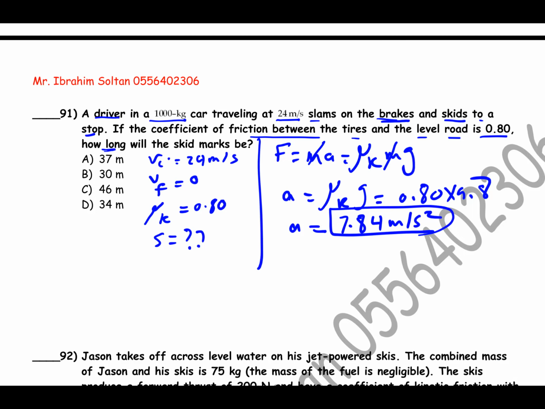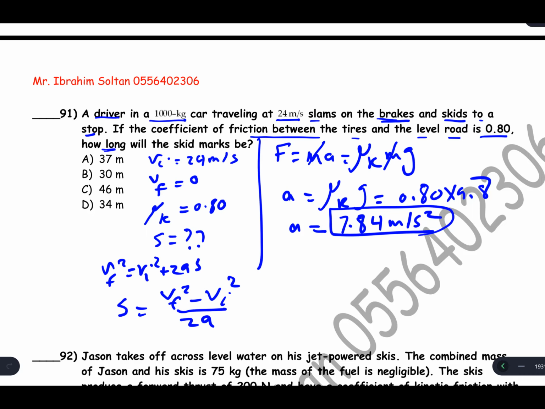You need to calculate the distance. You know well that v final squared equals v initial squared plus 2as. So s equals v final squared minus v initial squared over 2a. So s equals v final squared, which is 0, minus v initial squared, 24 squared.